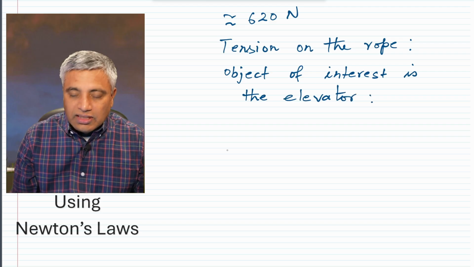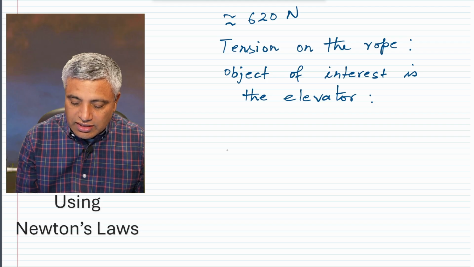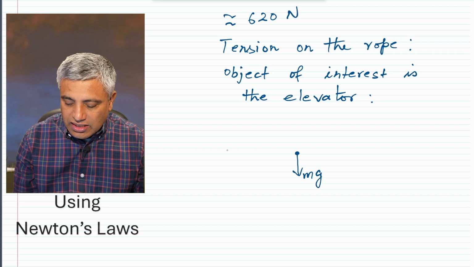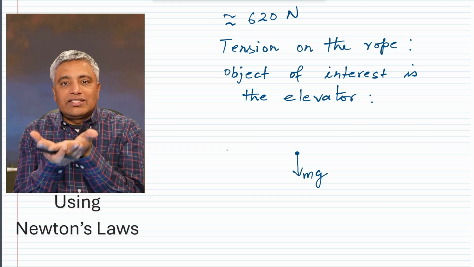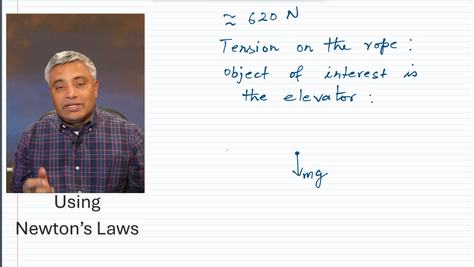Okay. So now we need to make a free body diagram of the elevator. So that means weight is going to be mg. And when the elevator is moving up and down, it's not supported by any surface. There is no push coming from a surface on the elevator.